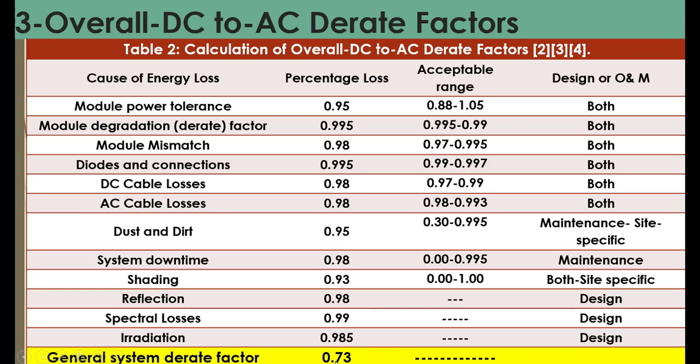The final result will be 0.73, and about 27 percent represents the total or the overall DC to AC derating factor, as you see in the next slide.